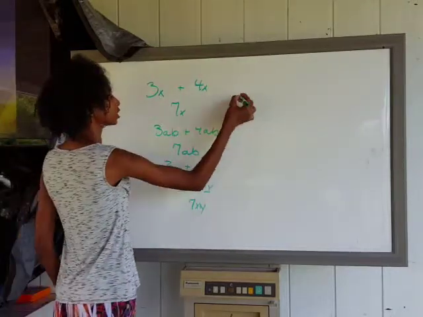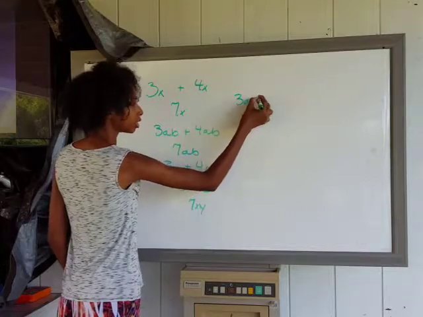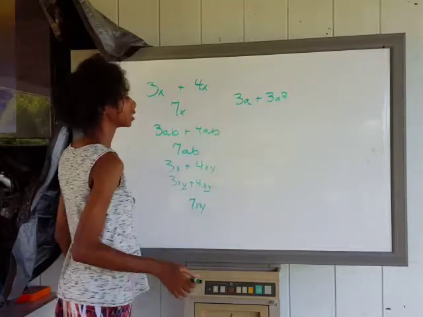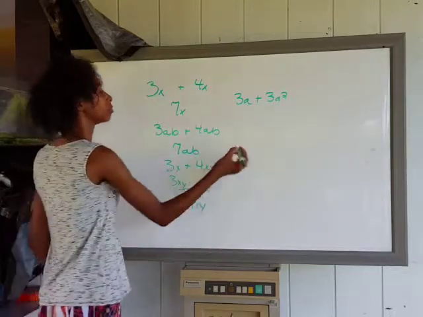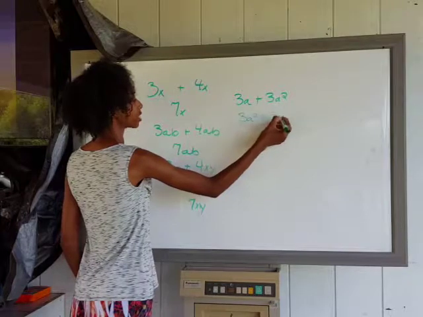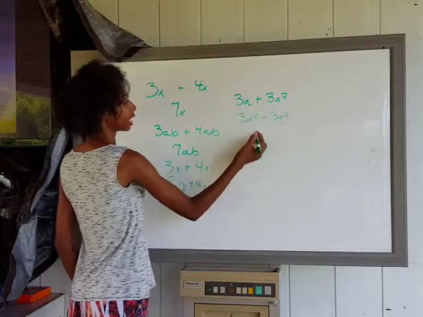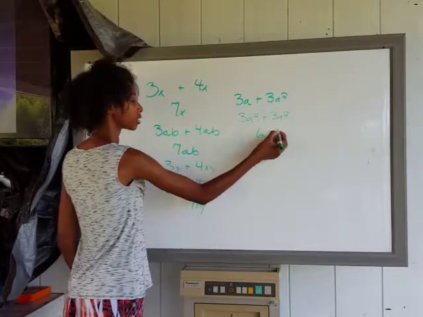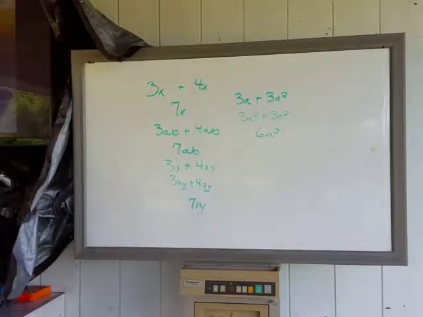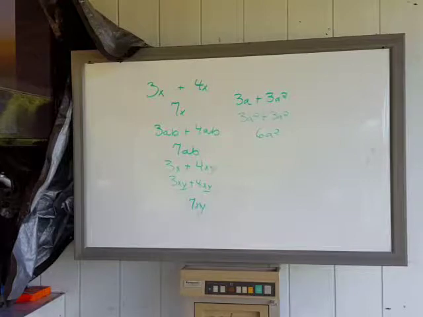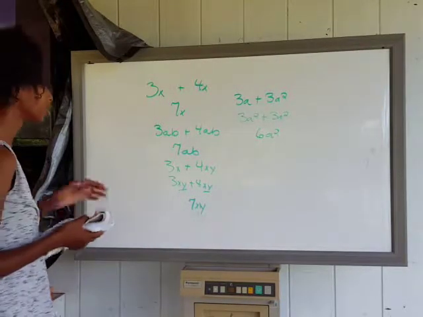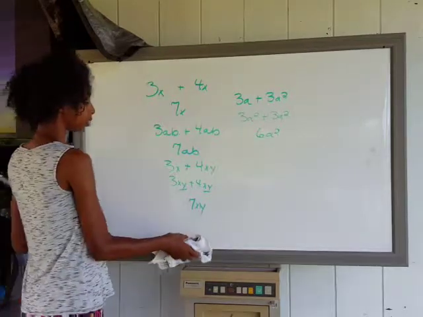Same thing with exponents. If I had 3a plus 3a squared, we couldn't combine those because they're not the same. But if it was 3a squared plus 3a squared, then we can combine them to make it 6a squared. Also, if it was subtraction, you could still combine them.